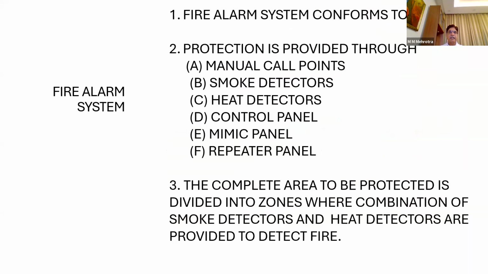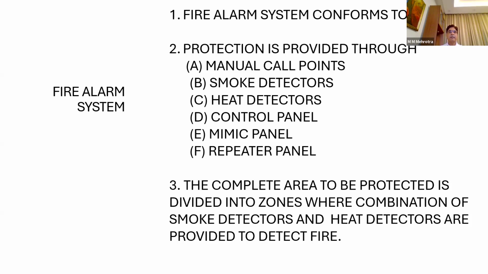Like in a distribution board, these components' wiring gets connected to a control panel. Now there is a word written over here as mimic panel. Mimic panel is mimicry, means it replicates whatever is there. Control panel will be for one floor, one part of the building.